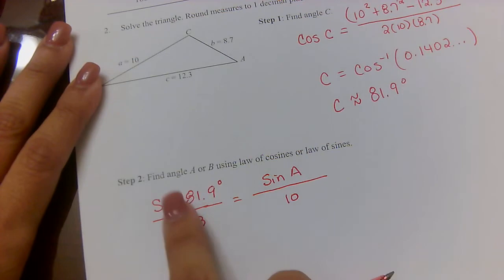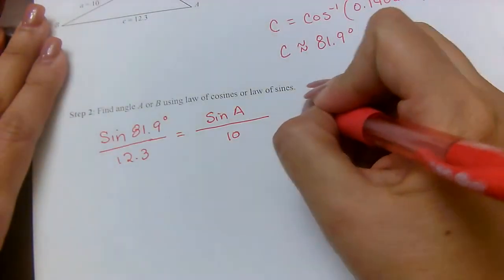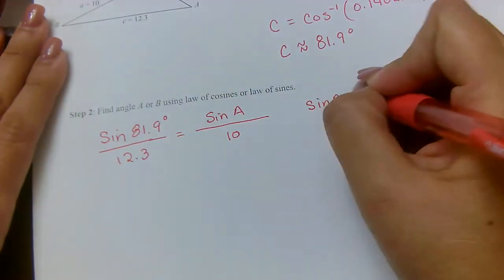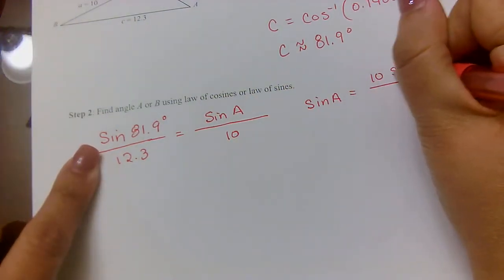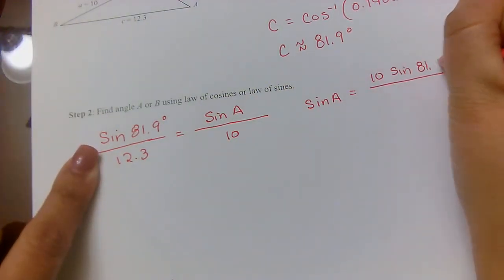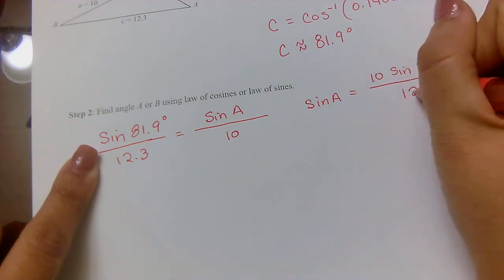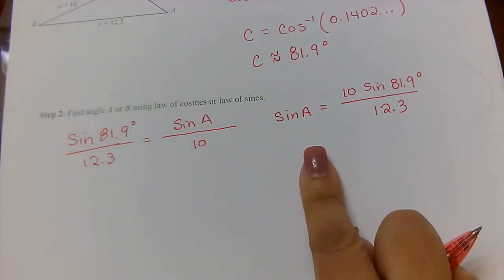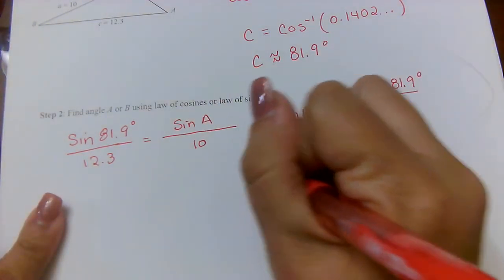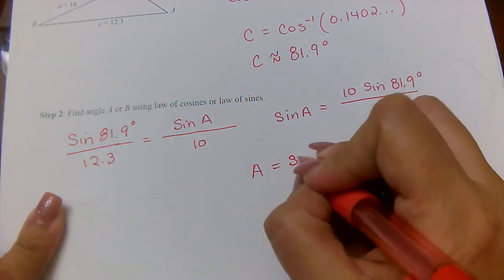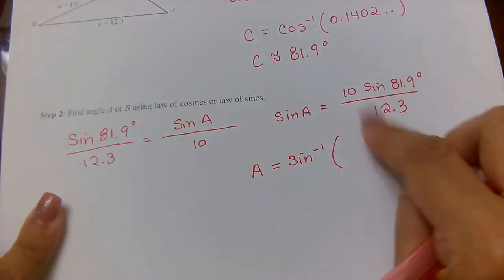Okay. Use the bat and ball. Here it's going to be sine of A is equal to 10 sine 81.9 over 12.3. Remember, you have to take the sine over to the other side, so you'll have A is equal to inverse sine of this ratio.